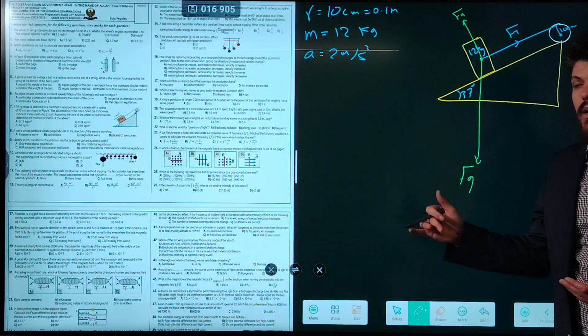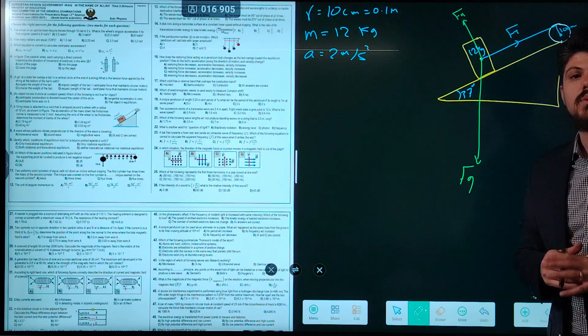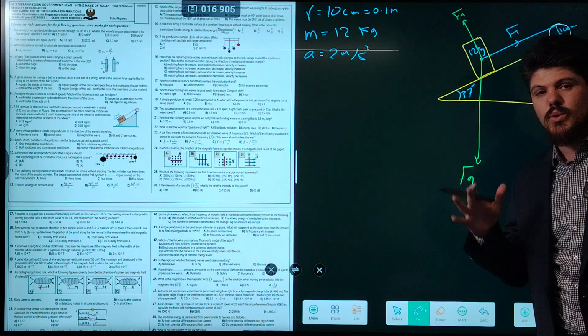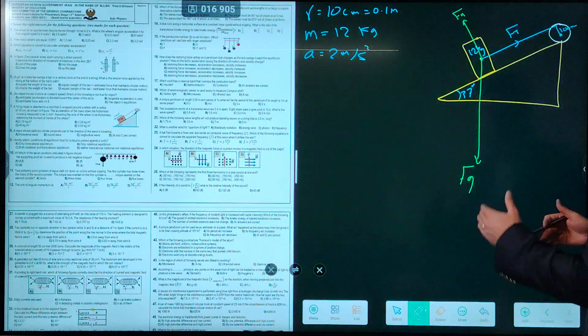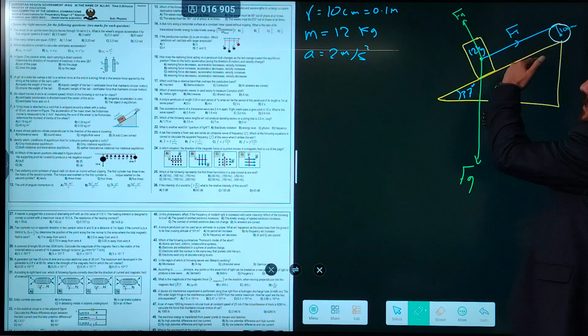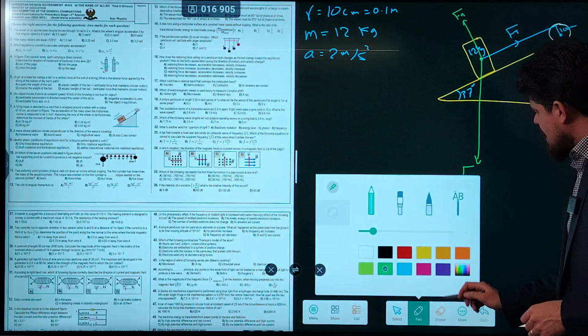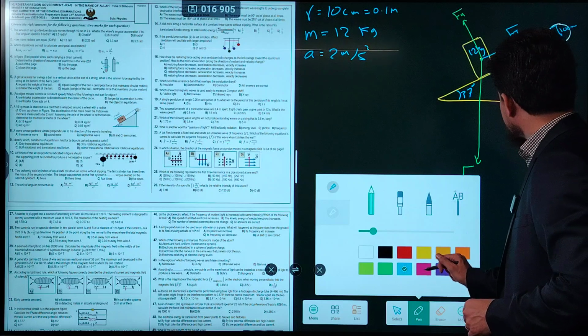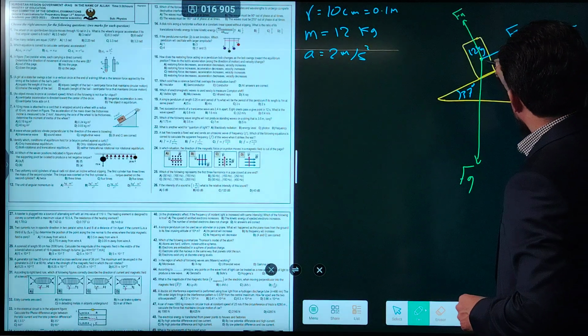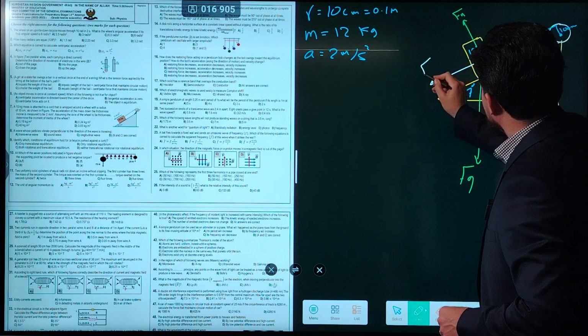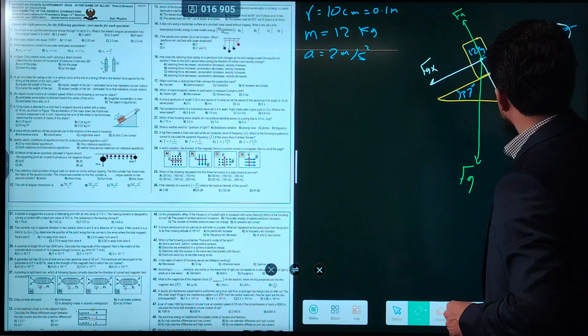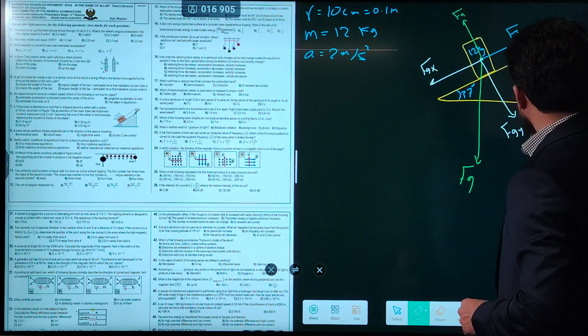Because we have an incline, not a horizontal surface, this gravitational force will be resolved into two components. The x component, fgx, and the y component, fgy.